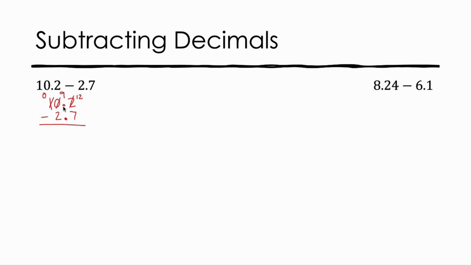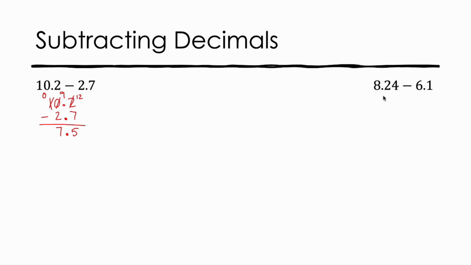Because if you don't, you shouldn't be watching this video. So 12 minus 7 is equal to 5. Then let's add the decimal point right here. 9 minus 2 is equal to 7, and 0 minus 0 is 0, so that's 7.5 for our answer.